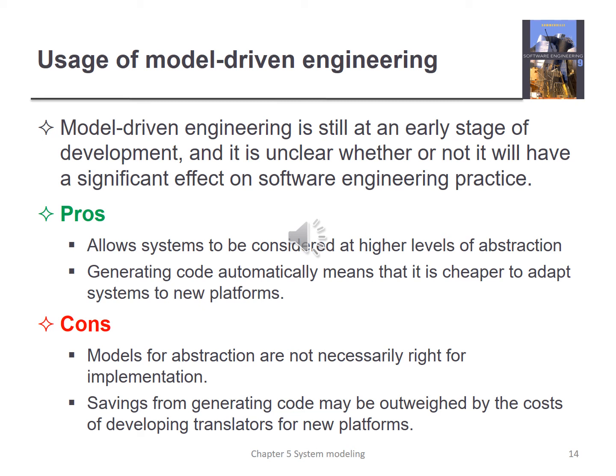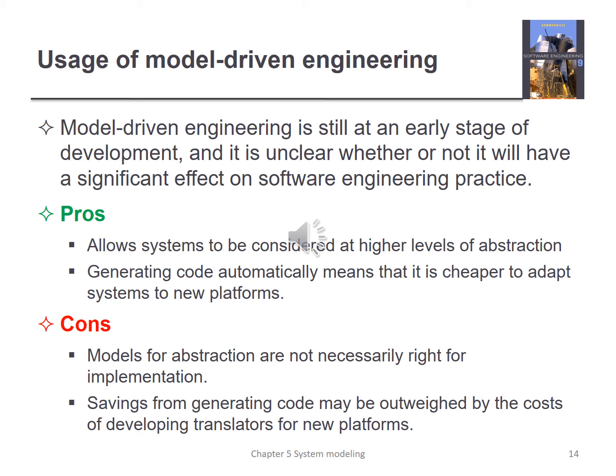Well, the people divide here into different streams. One of them is with model-driven engineering, one against it. The people with it think that it is a great methodology to use. They are saying this methodology allows the system to be considered at a high level of abstraction.